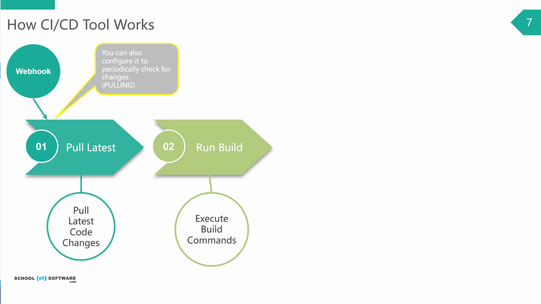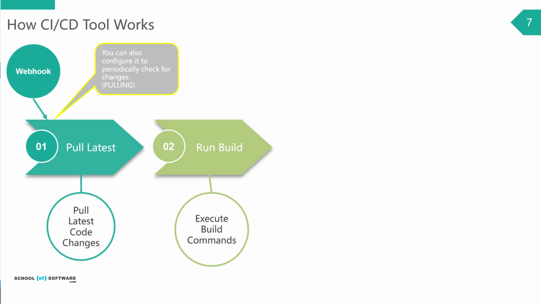So after it pulls the latest change, next, again, this is a really basic pipeline, right? Let's go through it really quickly. I know we talked about this, but one more time, it pulls the latest change into this pipeline. Next, it says, now I have the latest code. Now I know what my build commands are, because you configure that in the pipeline.